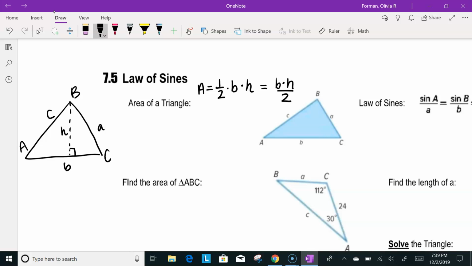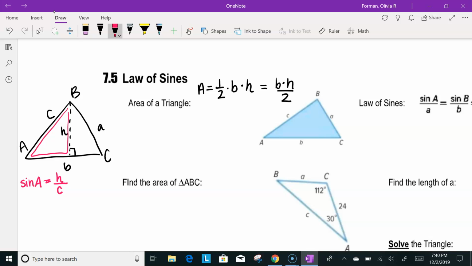Well, if you draw that in, you now get a right angle right there, okay? And if you were to consider this triangle here, we would be able to make up the trig function that sine of A is opposite over hypotenuse, it would be that height over that side C.